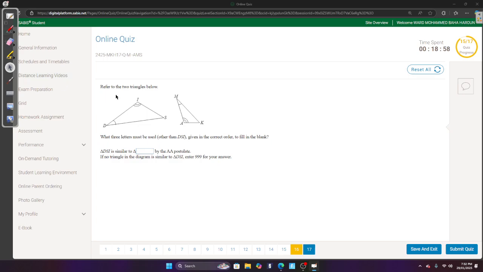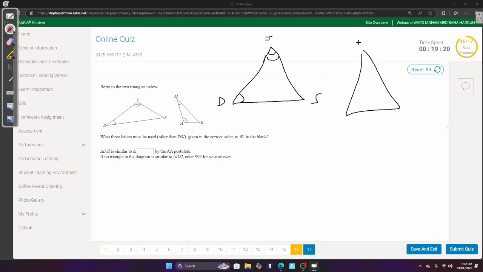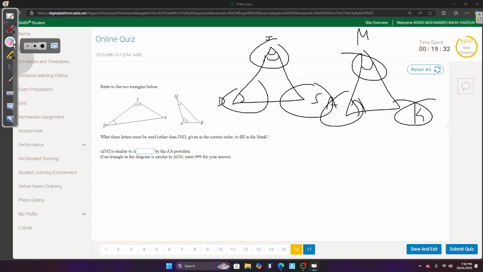This one, I'm not even gonna draw anymore. DSI, so it's the one with one line, and then the one with no lines, and then this. So it's MKA. I'm gonna draw it with triangles. I, D, S, M, K, A. D is obviously equal to M, I is obviously equal to A, and S is obviously equal to K. Okay, do that in the exam.